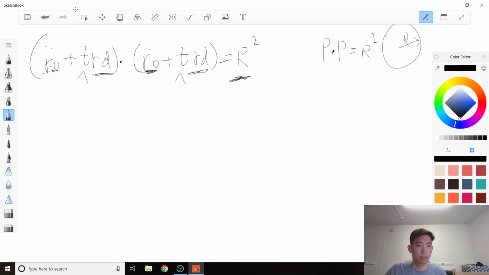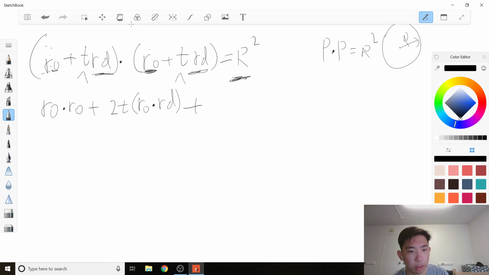So ray origin, expand it out: dot product of ray origin with itself, plus 2 times T times ray origin dot with ray direction, right?